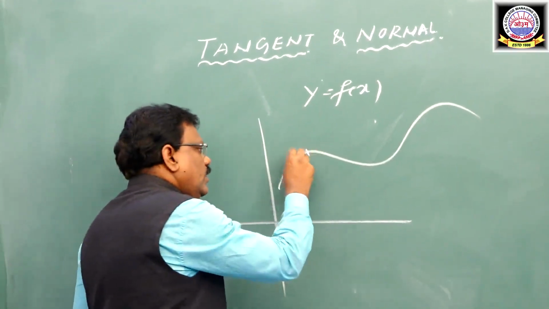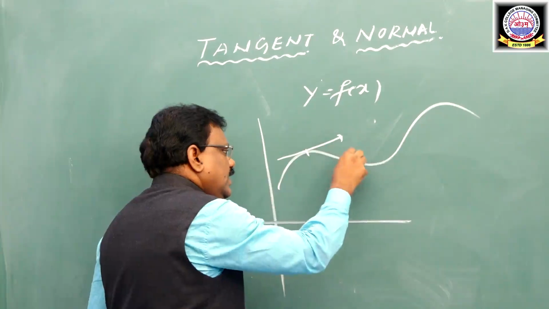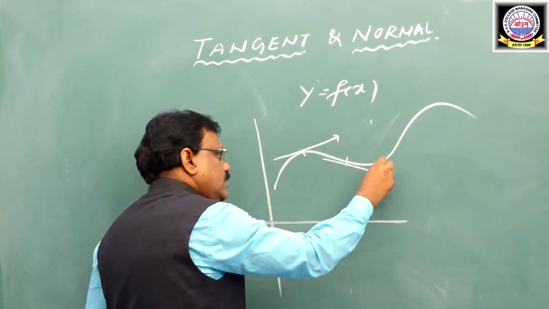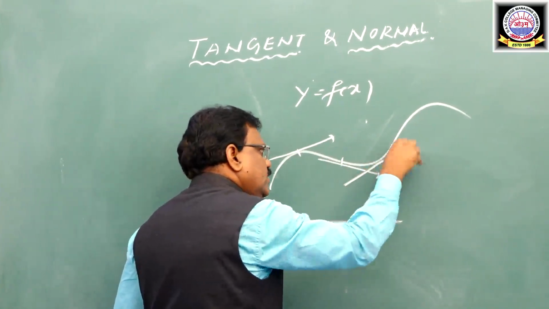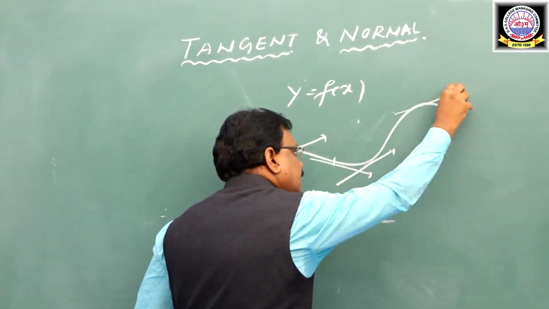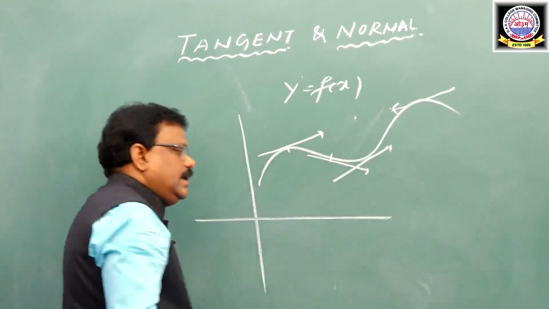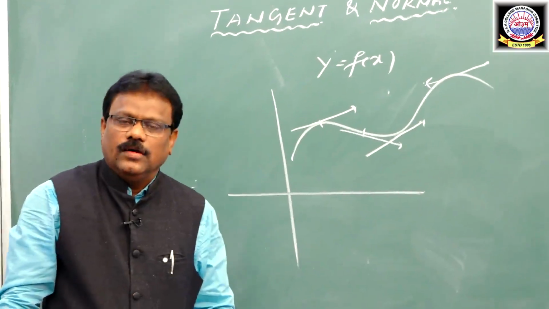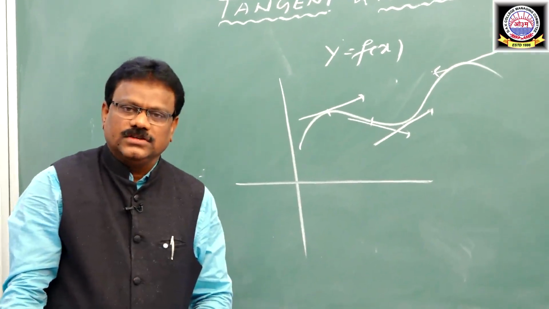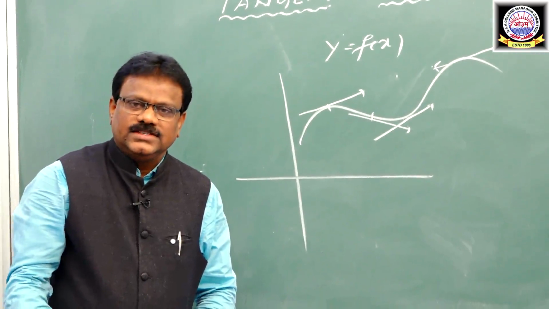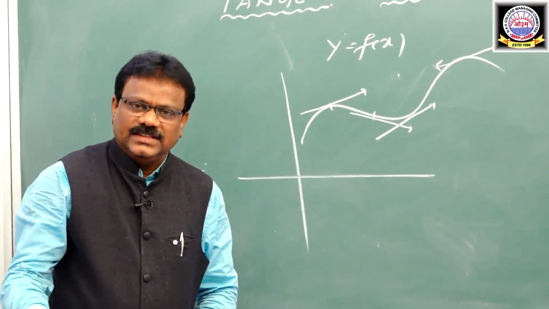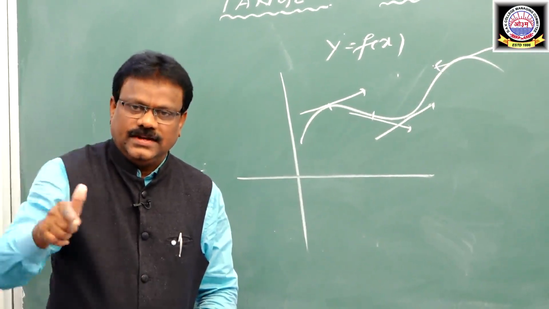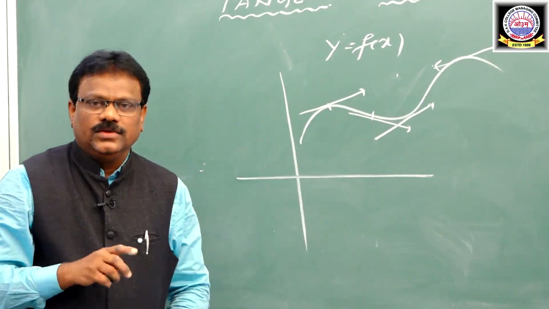Here I can draw one tangent, here I can draw one tangent, here I can draw one tangent. So a tangent can be drawn at any point of the domain of the function. This is the concept of the tangent from standard 10 to standard 12.